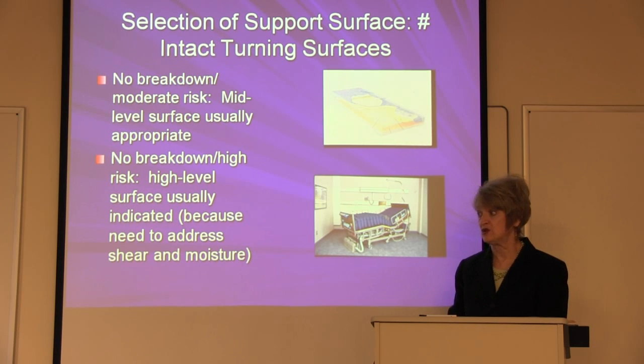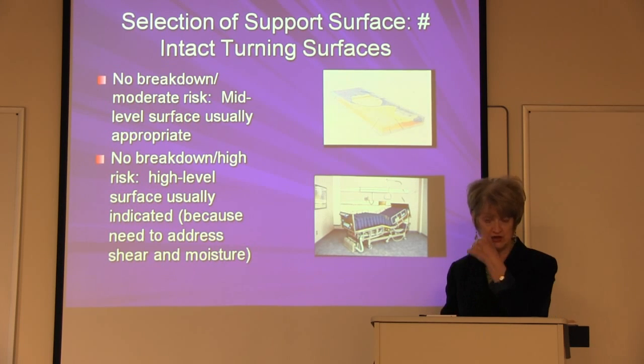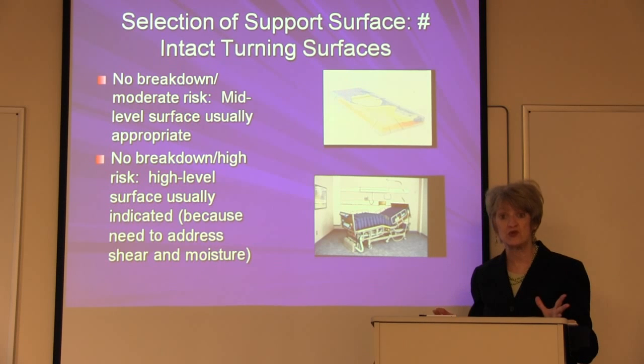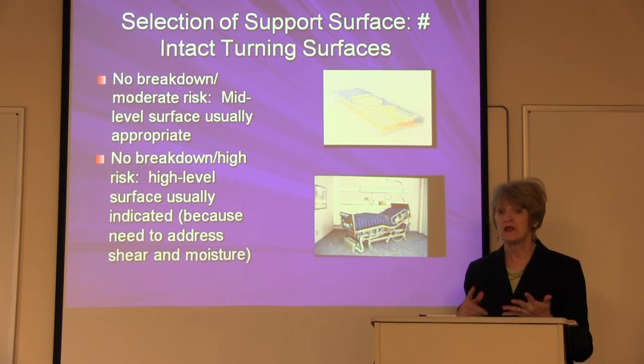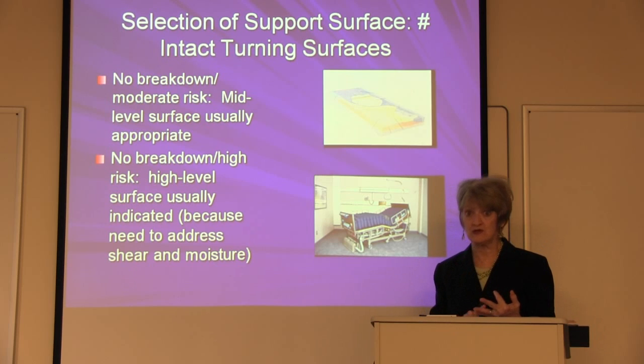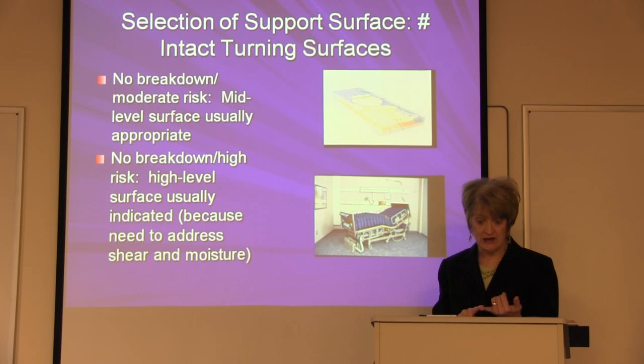What if I have a patient who has no breakdown but is high risk? So now their Braden score is less than 12, maybe it's less than 10. Most of the time you would upgrade that patient to a higher level surface for the reasons we've already said. Most of the time when you look at their subscale scores, not only are they bedfast, immobile, possibly malnourished, but many times moisture is an issue and almost always shear and friction is an issue.